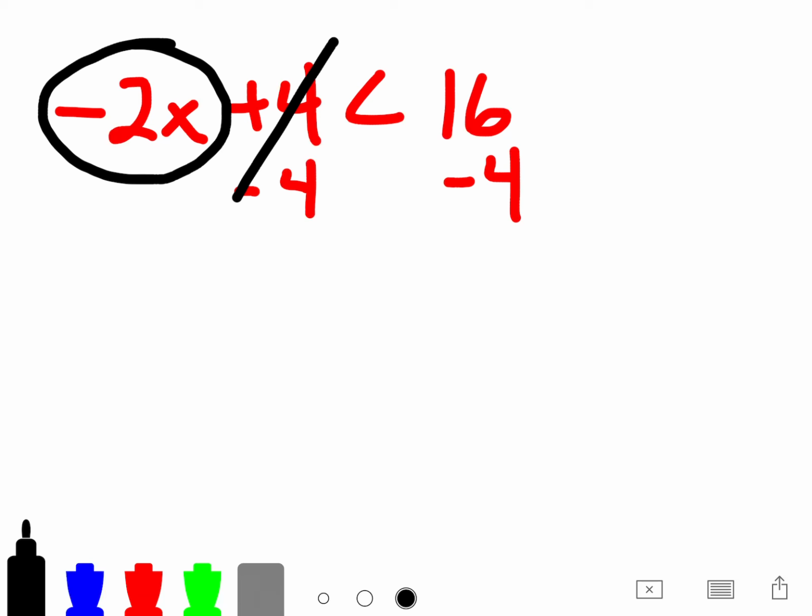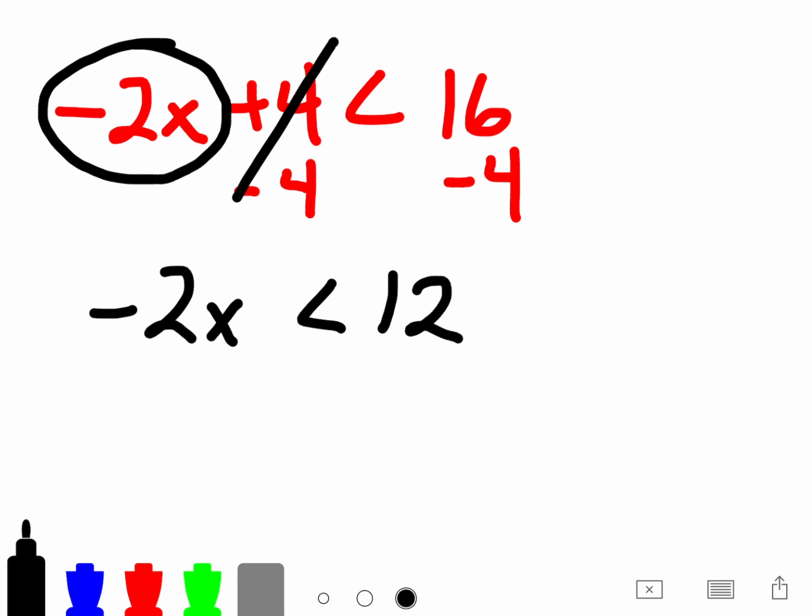A plus 4 and a minus 4 cancel each other out, which is the point. We want to get the negative 2x by itself. Did we multiply or divide by a negative? No, so we're going to keep the sign the same. 16 minus 4 is 12.